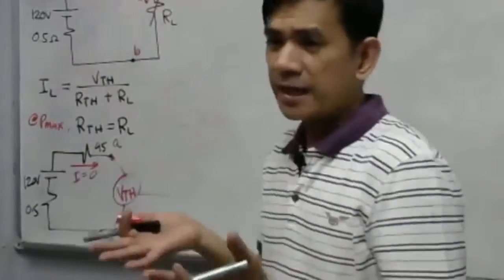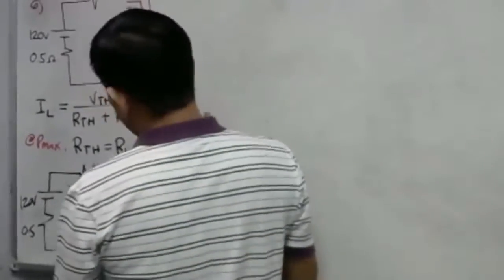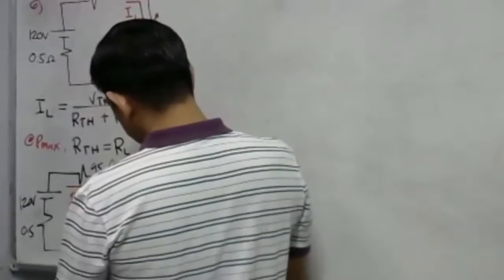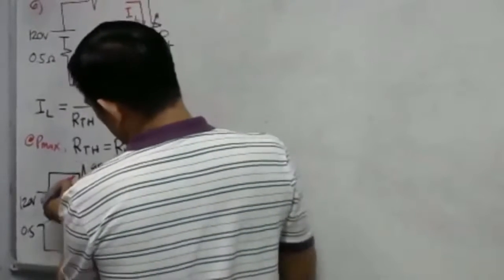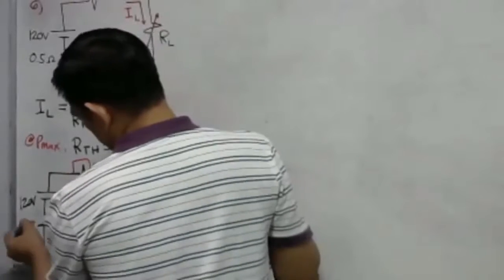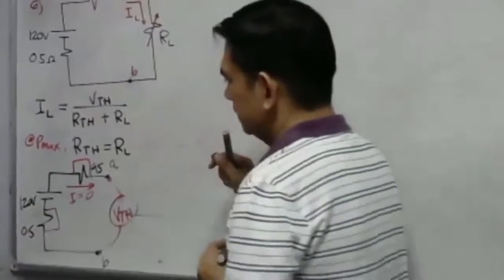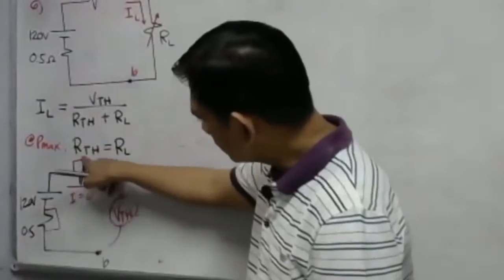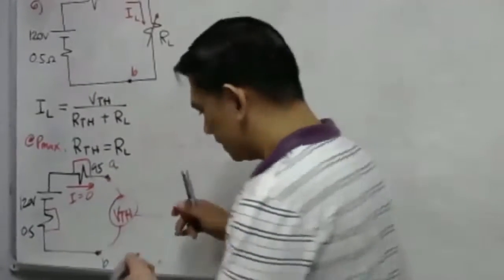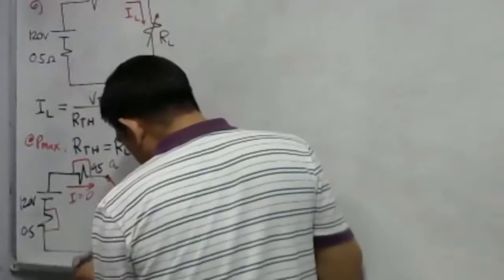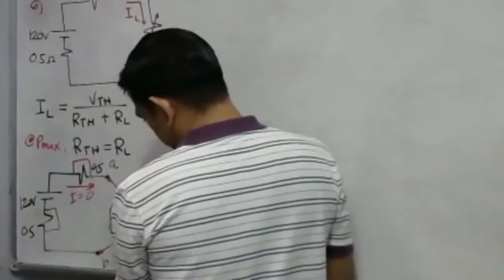So if that I is simply equal to 0, it's just like saying that this 9.5 ohm and also the 0.5 ohm is like a short circuiting conductor. The measured value of our VTH at terminals A and B is just simply equal to the 120 volt source.